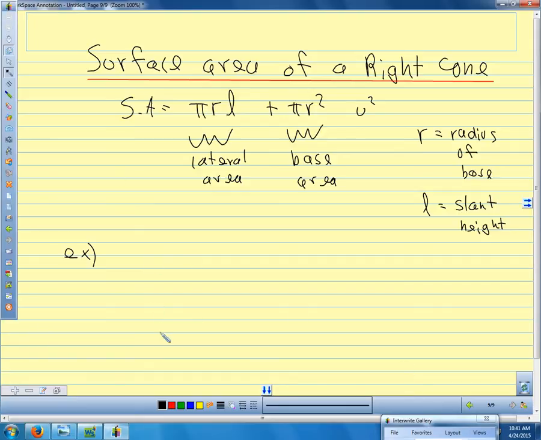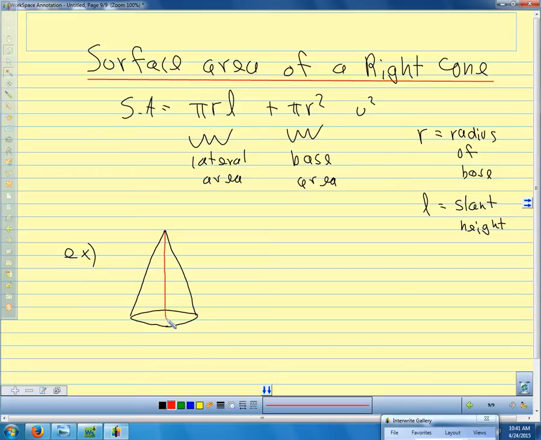So here's our cone. I'm going to draw a cone this time. And I'm going to draw this here like so.